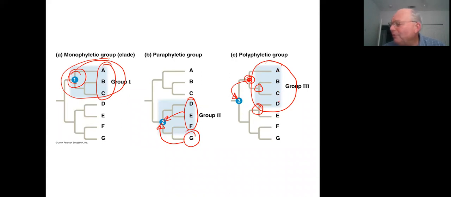The common ancestor for D as part of this group sits here, which is not specifically included in the group, in the clade. So this clade is now considered to be a polyphyletic group, having several evolutionary histories. D has an evolutionary history that is separate from the common history of A, B, and C.